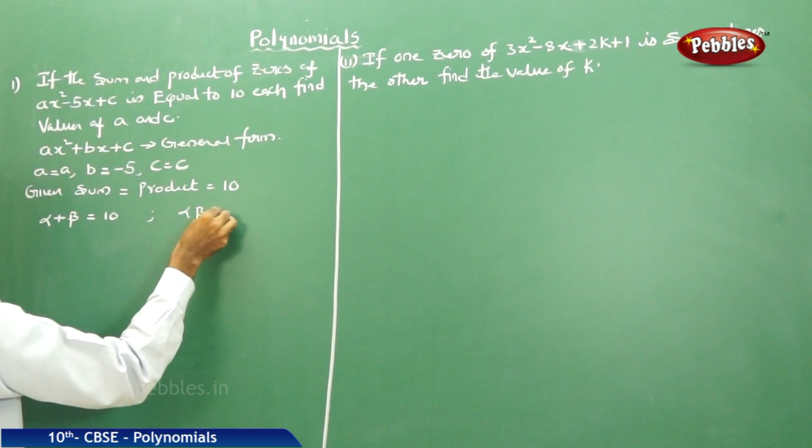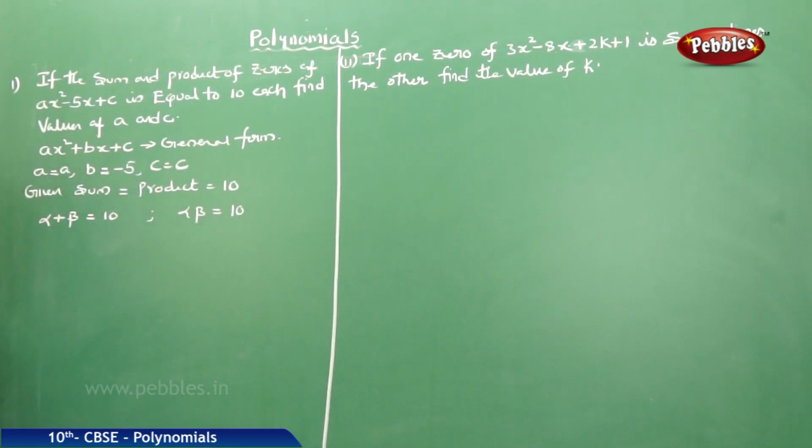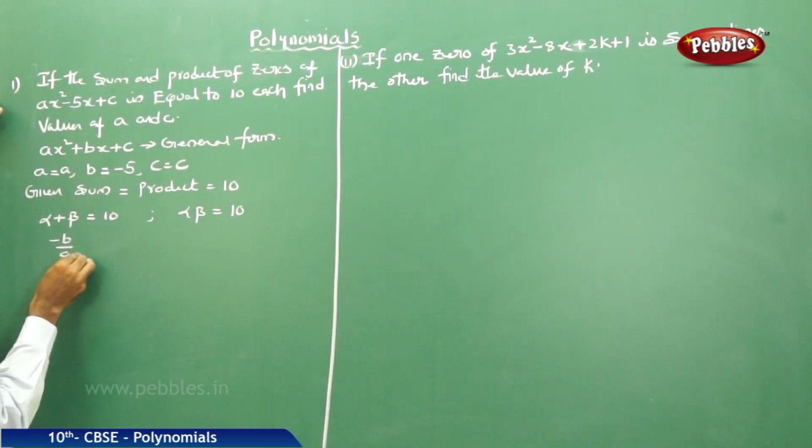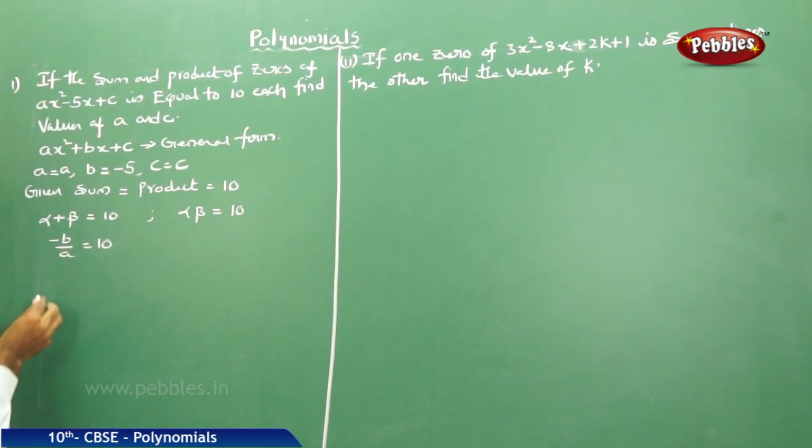Similarly, alpha beta is equal to 10. That is, alpha plus beta formula is minus b by a, which is equal to 10, that is minus half.